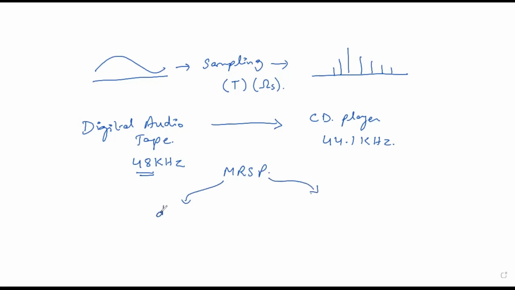If you are decreasing your sampling frequency by a certain factor, that process is known as decimation. If you are increasing it by a certain factor, that process is known as interpolation.